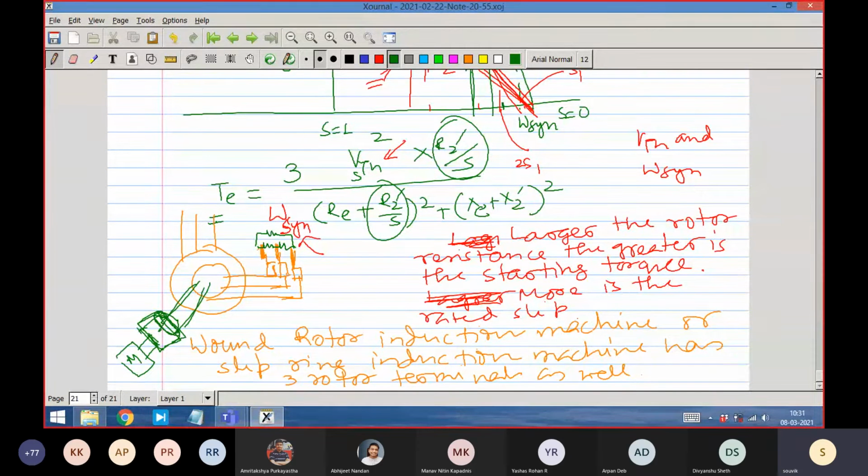Only if they are at the same speed can you connect them. So that is not what could be done.